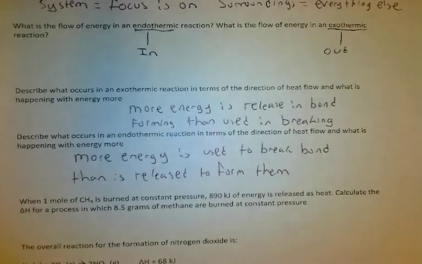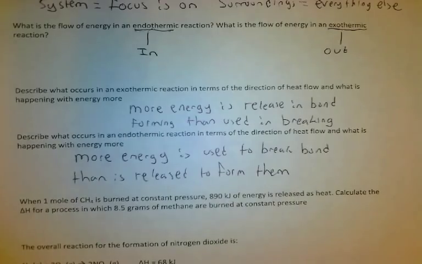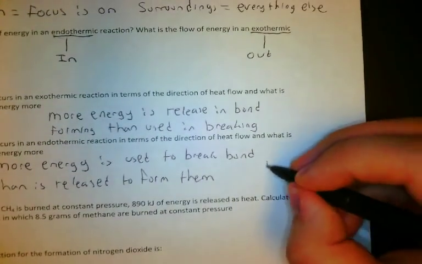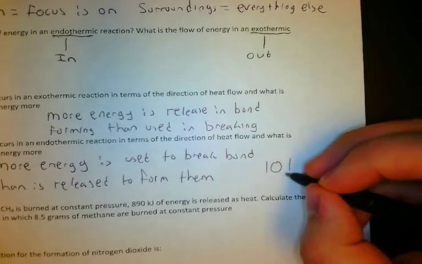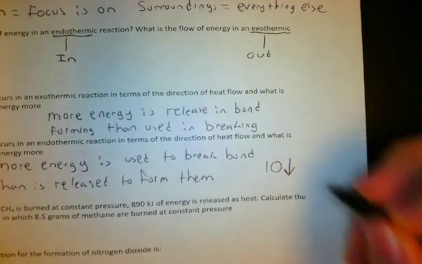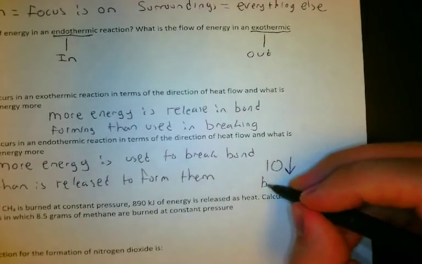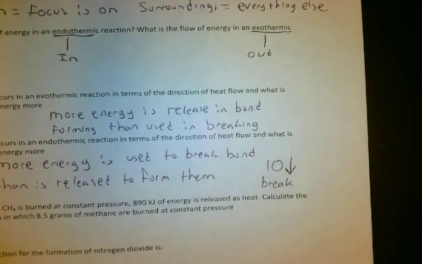So for an example, let's say we had a reaction where 10 joules of energy go in to break bonds. So draw it over here, 10 joules going in. So down will be in. That's to break bonds. Because remember, breaking bonds requires energy. So I use 10 joules, absorbing in.